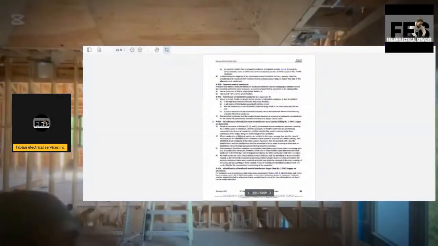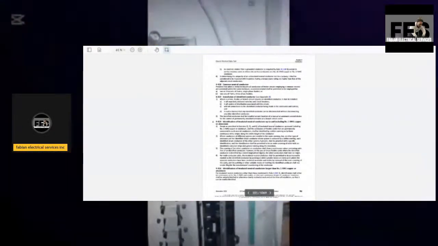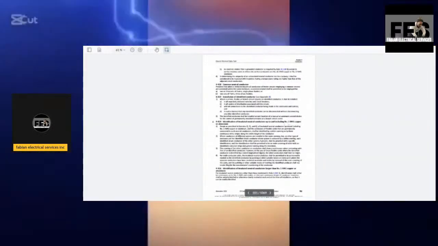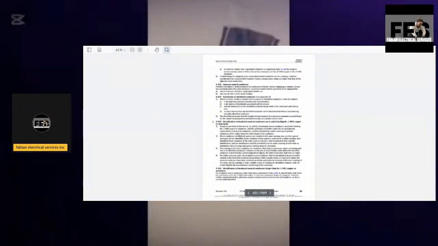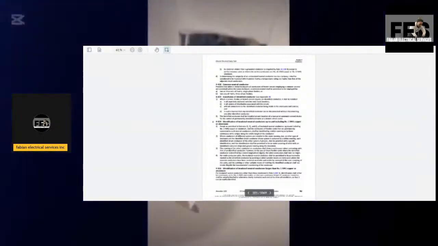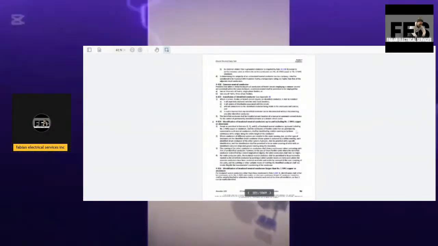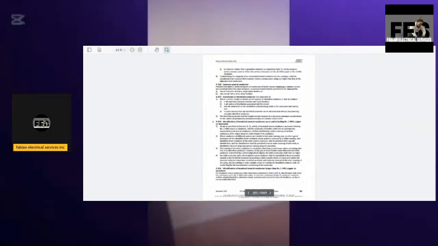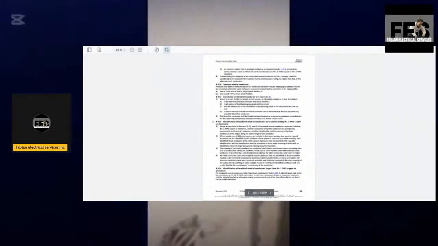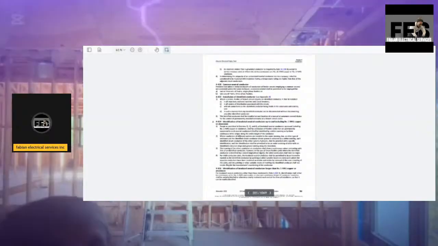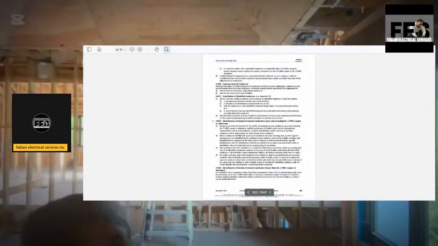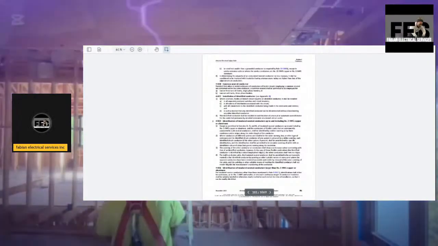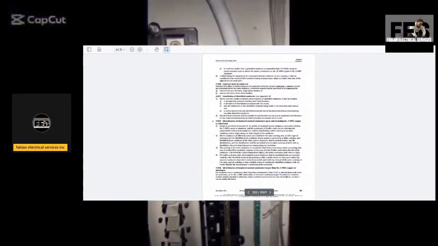Identification of insulated neutral conductors up to and including number 2 AWG copper or aluminum, except as permitted in sub-rules 2, 3 and 4. All insulated neutral conductors up to and including number 2 copper or aluminum, and the conductors of flexible cords that are permanently connected to such neutral conductors shall be identified by a white covering or by 3 continuous white stripes along the entire length of the conductor.